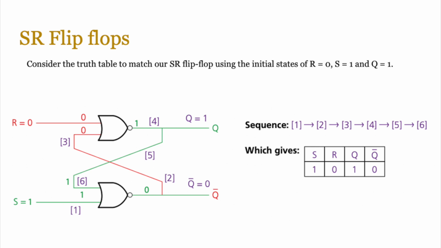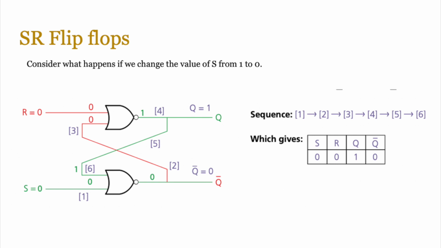Now what that basically means is we are now going to store that bit 1, Q is equal to 1, forever in this circuit, because it's just going to keep on going on forever. Provided there is electricity, it will retain that bit, so it acts like memory. So consider what happens if we now change the value of S from 1 to 0.